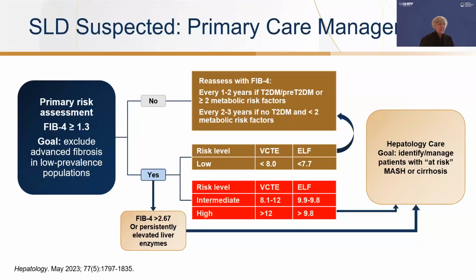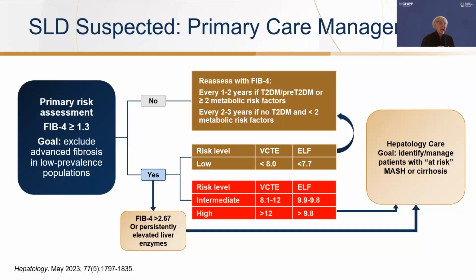So steatotic liver disease suspected. What can we look for with primary care, and how can they be helpful in getting and becoming that first line person who's looking at somebody and thinking, I feel like this patient might have MASLD?